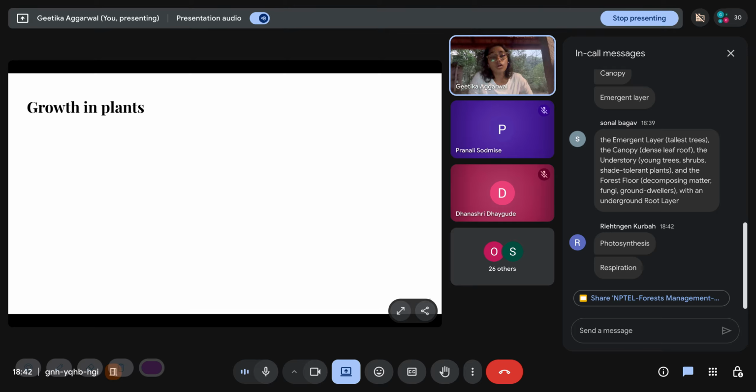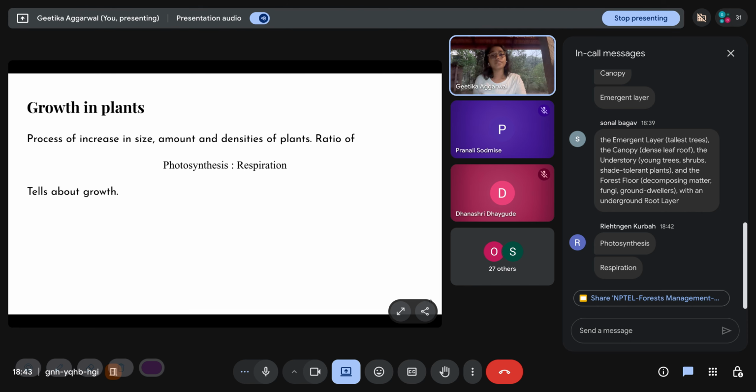Similarly, plants also almost all of the time during the day and during the night perform respiration. And respiration basically involves breaking down carbohydrates by oxidizing them using oxygen, and then breaking them down into carbon dioxide, water, and energy, right? And for this you do not require sunlight. So these are two different processes, and the ratio of these two processes, photosynthesis to respiration, tells us about growth.